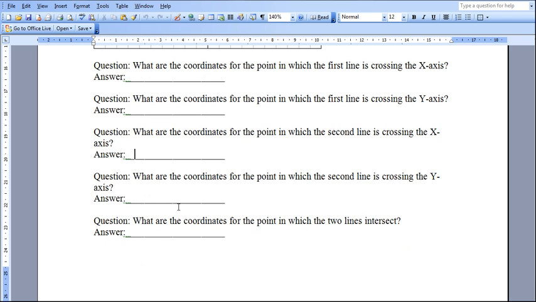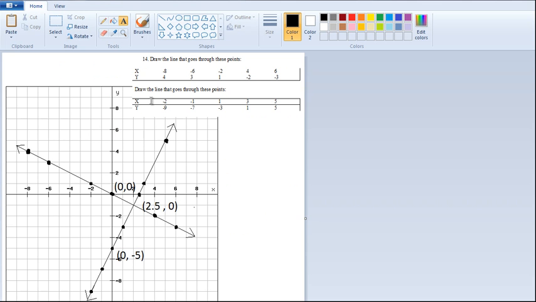Last question. What are the coordinates for the point in which the two lines intersect? Okay, where they cross. So we can see that they cross right here in this point. So what are the coordinates for this point? Well, we see that x is 2 here, and if we go to the y-axis, it's -1.